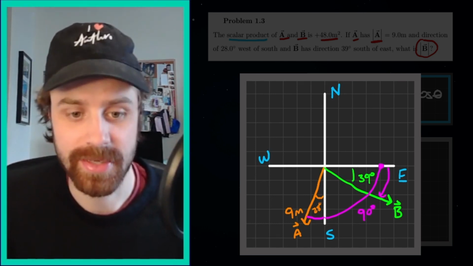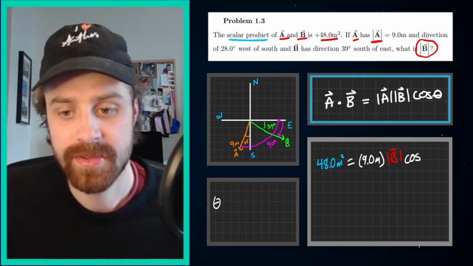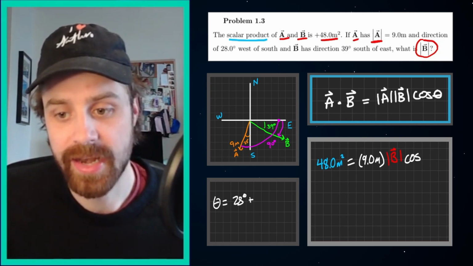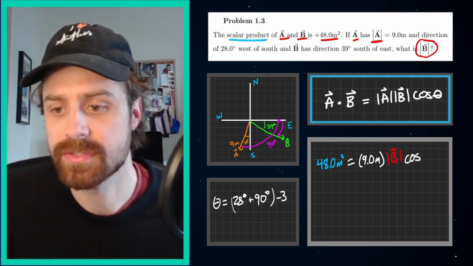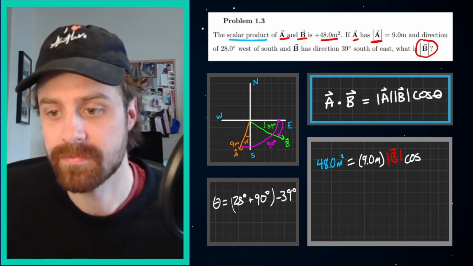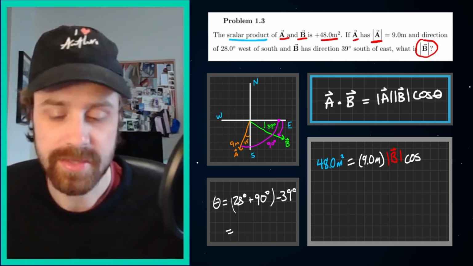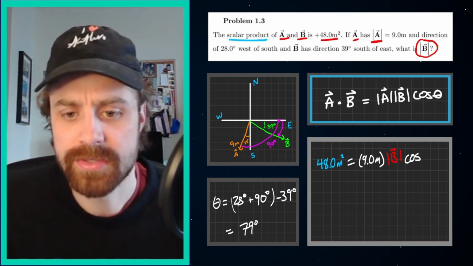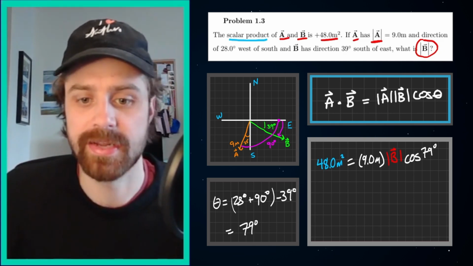Another way to write that out, for theta, our angle was 28 degrees, and we can go another 90 degrees, but then we've gone too far, we have to go back 39 degrees to get to our vector B. So we can do that quick calculation on our calculator, and I think it comes out to 79 degrees. And we can plug that into our equation here, cosine of 79 degrees.